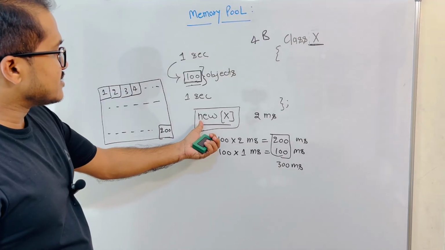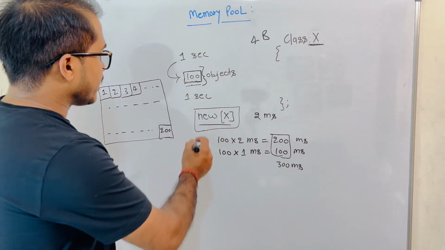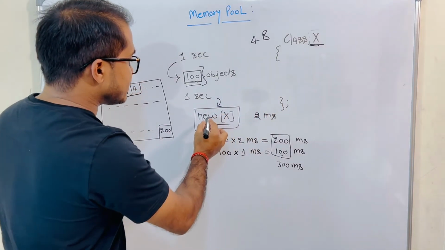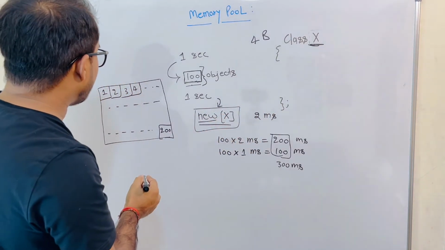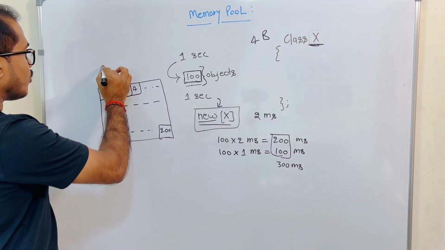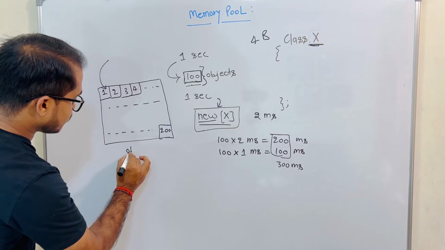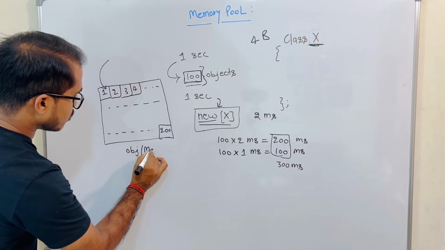Now when I need to create one object of class X, instead of using new, I'll pick one object from this pool. I'll call this an object pool or memory pool.